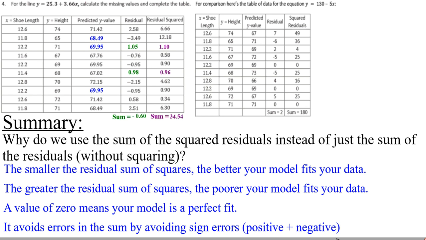When we take the residual squares, it also avoids sign errors, right? Positives and negatives, because a positive times a positive is a positive, a negative times a negative is a positive. So if we take the residual and square it, that helps us with the sum. We're just not missing adding it together. So it's just kind of an arithmetic check for the residual squares versus just the residual.